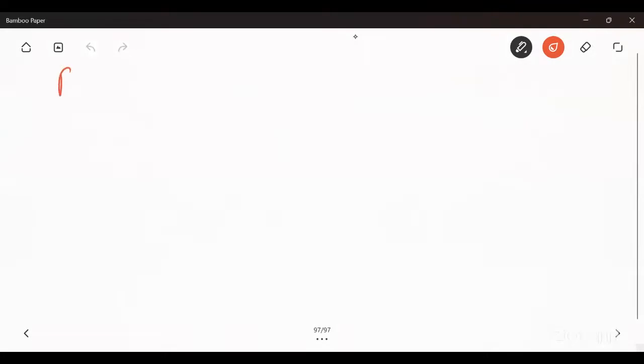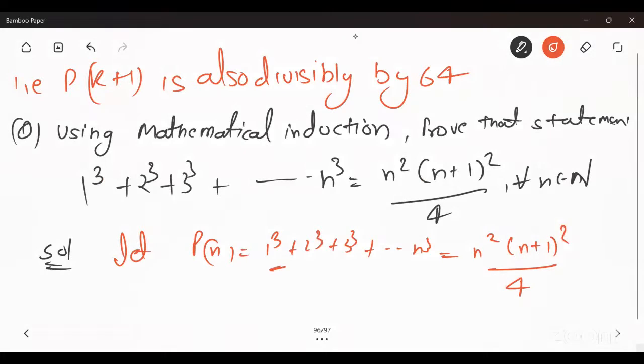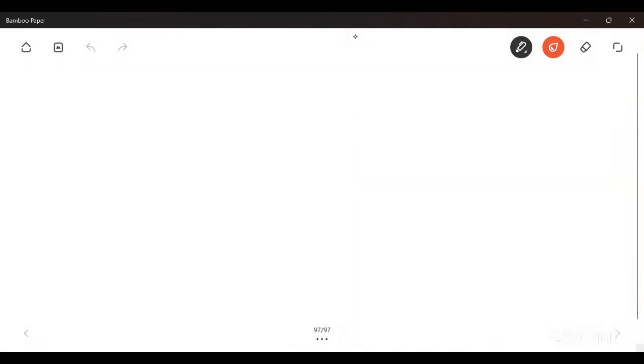For n equal to 1, you have to take only one term in LHS. So only one term means 1 cube. LHS will be 1 cube, which is equal to 1.